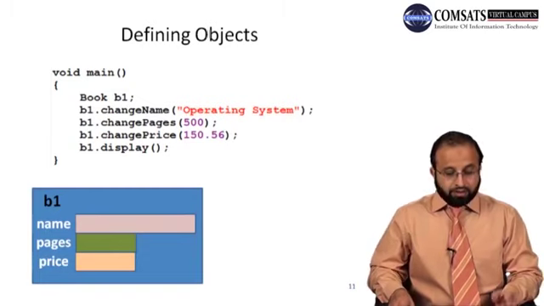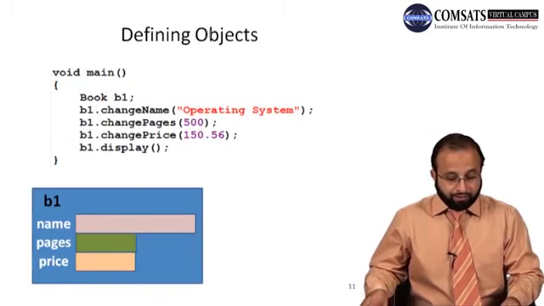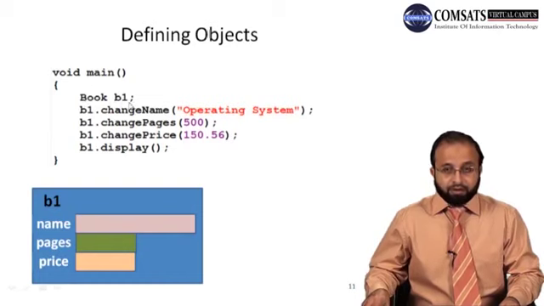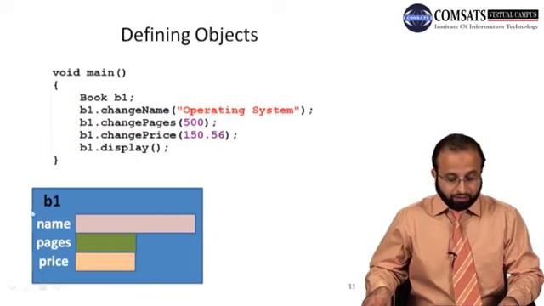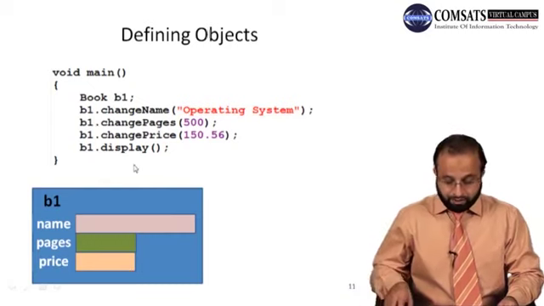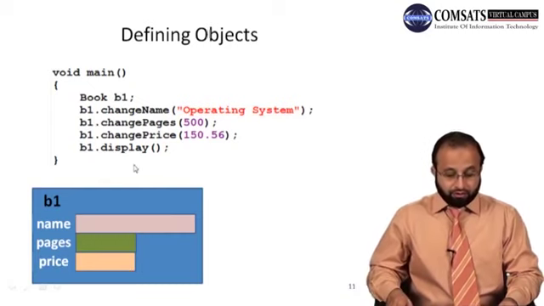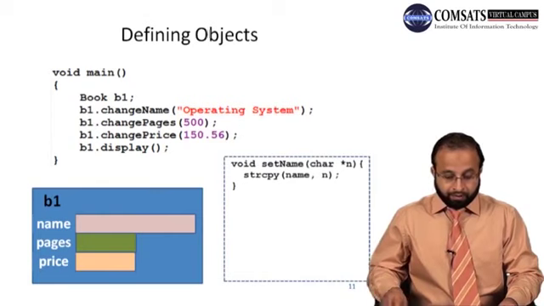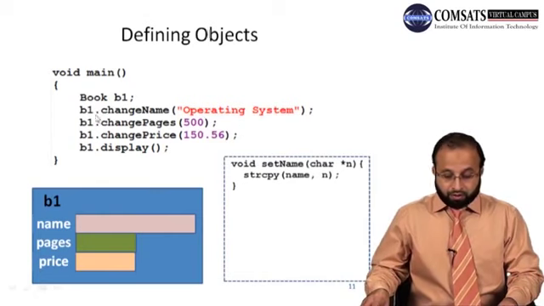So let's see step by step what happens. When the first line, book B1 semicolon, is executed, the memory is allocated for that object. It has three data members: a string, space for the pages, and space for the price. Then when the next line is executed, B1 dot change name, this is actually the set name.